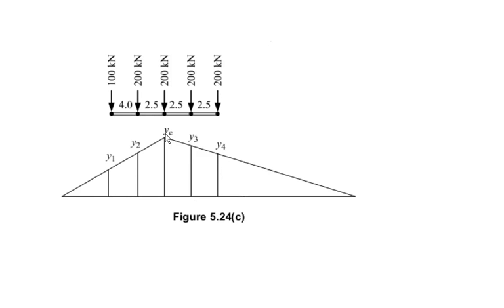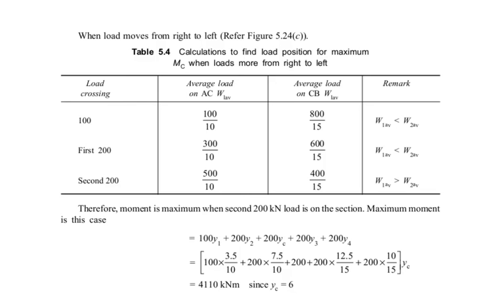So YC we have already calculated. The value of YC we have already calculated as Z by L into L minus Z. So that is how we calculate the value of maximum bending moment at C when the train of concentrated loads is moving from right to left.